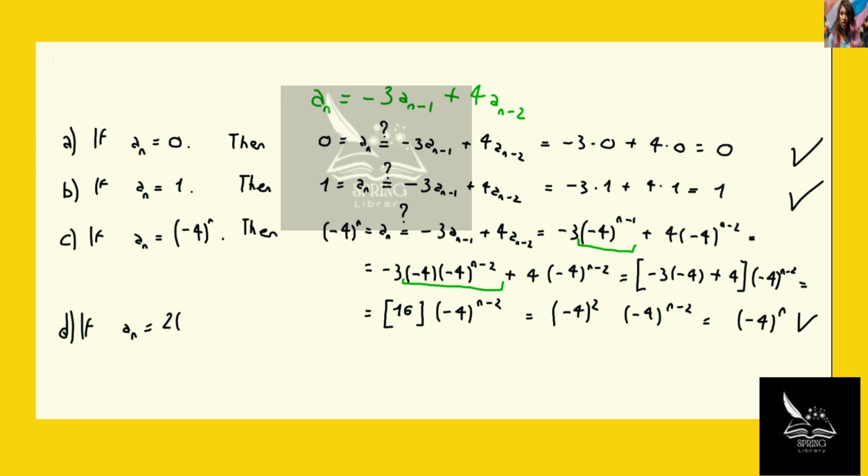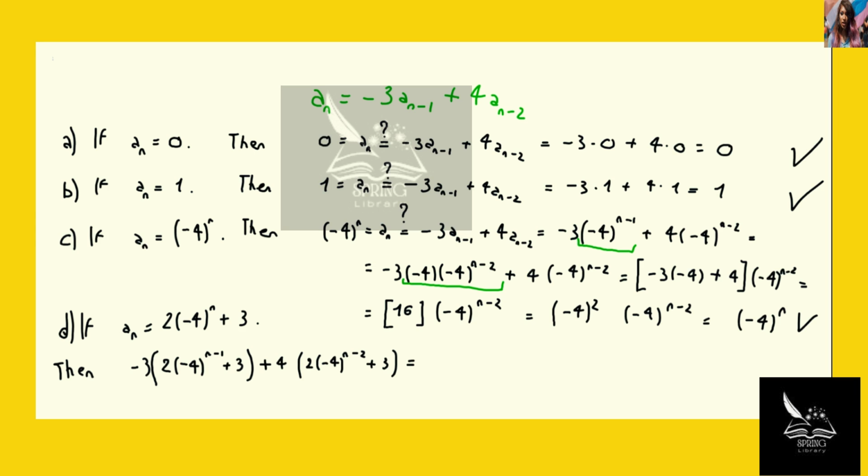Finally, if the sequence is given by 2 times (-4)^n plus 3, we basically need to check the same condition here. So I'll just start with writing -3 a_{n-1} plus 4 a_{n-2}, which is -3 times (2(-4)^{n-1} plus 3) plus 4 times (2(-4)^{n-2} plus 3), and essentially we need to check that this is actually a_n.